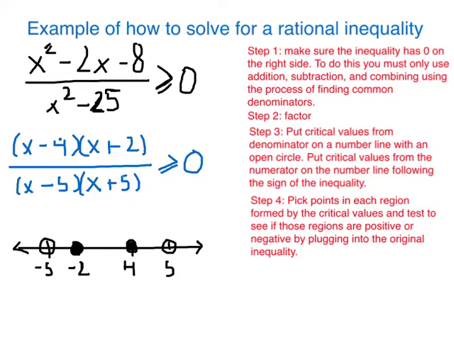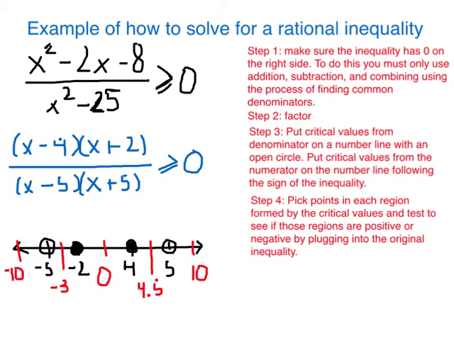I'm going to pick the value 10. In between 4 and 5, I'll just pick 4.5. In between negative 2 and 4, I always get really happy if 0 is in my region because it's the easiest thing to test. Between negative 5 and negative 2, let's test negative 3. And from negative infinity to negative 5, let's go negative 10.